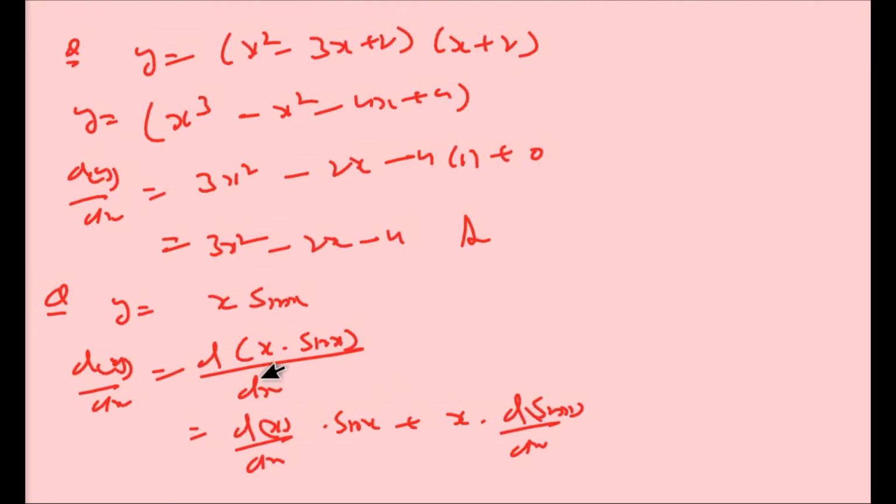Either one may be first or second. So we can write this as differential of x is 1, times sine x, plus x cos x. So this is your required answer. In this product formula we cannot simplify it, so we have to use it.